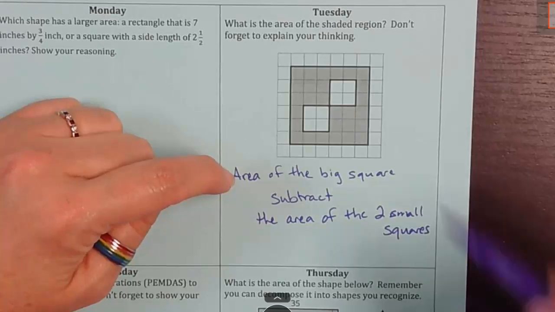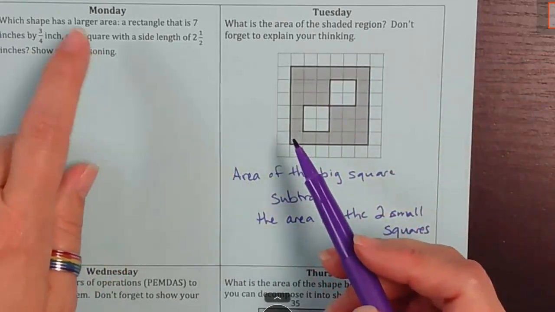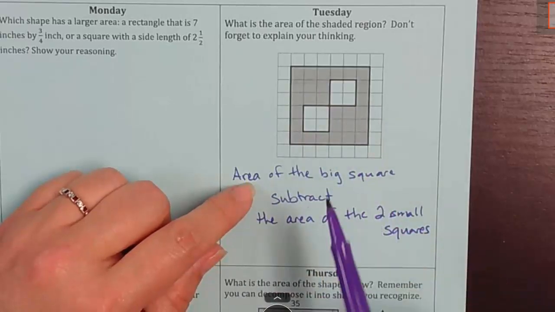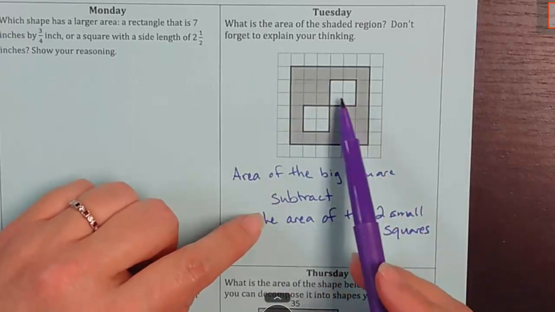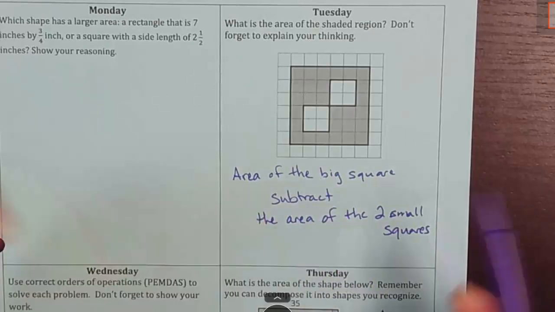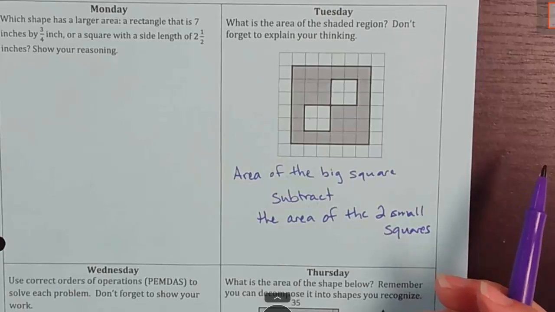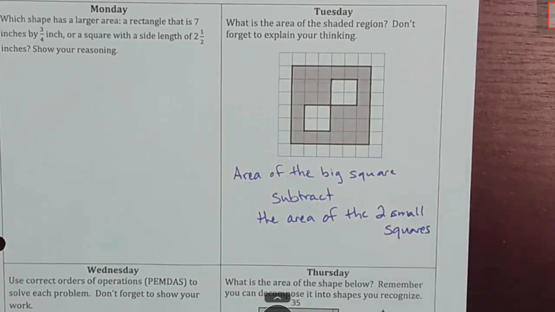So find the area of this big square. Remember, it's the same as what we're talking about here, base times height. Find the area of the big square. Find the area of these two little ones and subtract them out of the big one, right? If you took something out, we use subtraction, that tells you what's left. And that's it. So I'm going to let you figure that one out on your own.